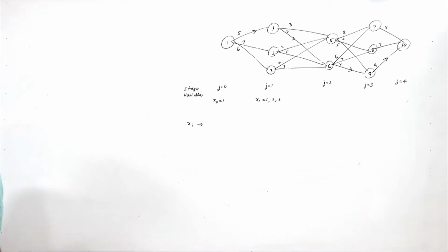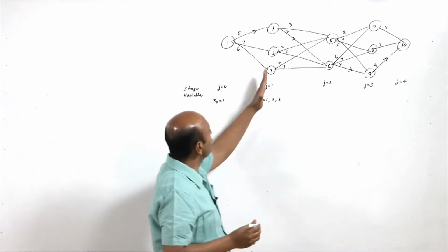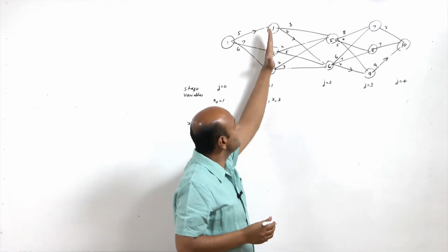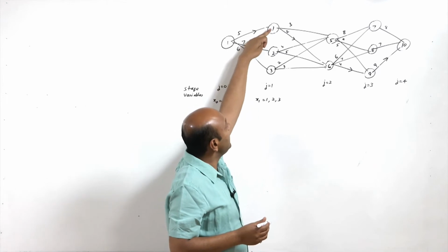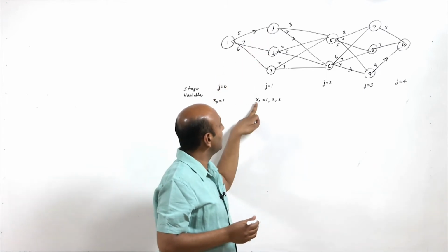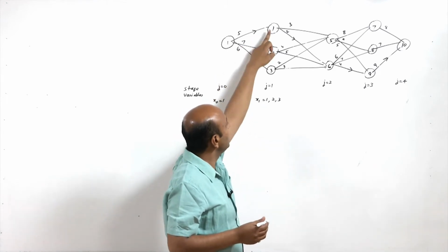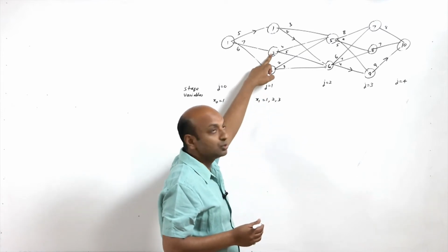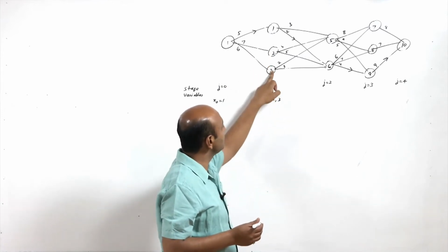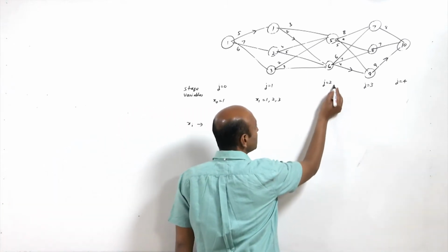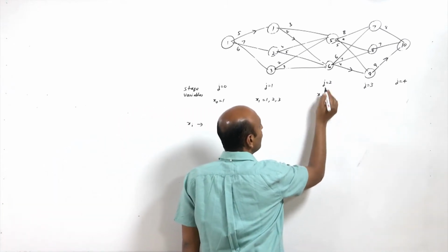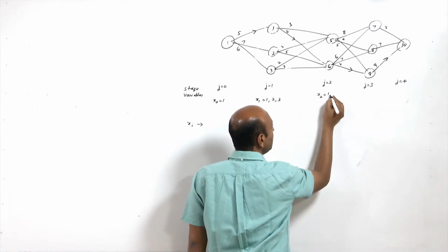This is stage 1, and in this stage there are 3 nodes, so we call each node x1. That is, x1 equal to 1 means this node, x1 equal to 2 means this node, x1 equal to 3 means this node. For the stage x2 we have only 2 nodes, 1 and 2.